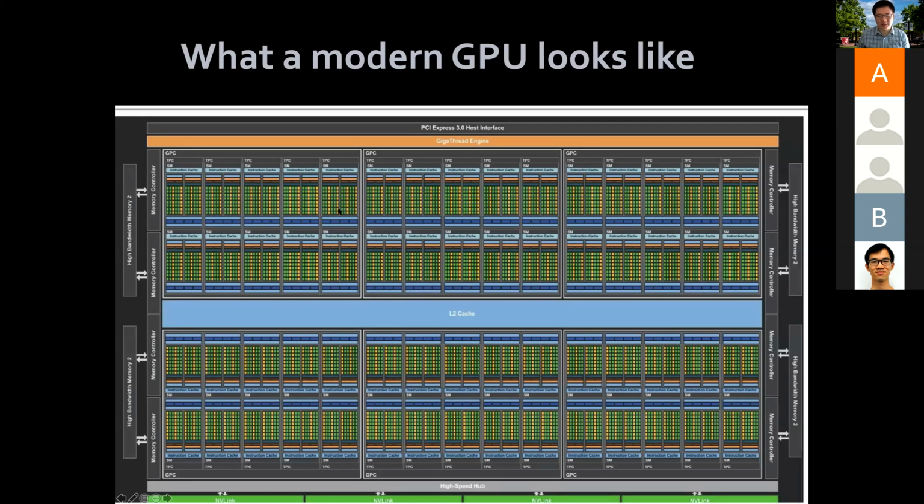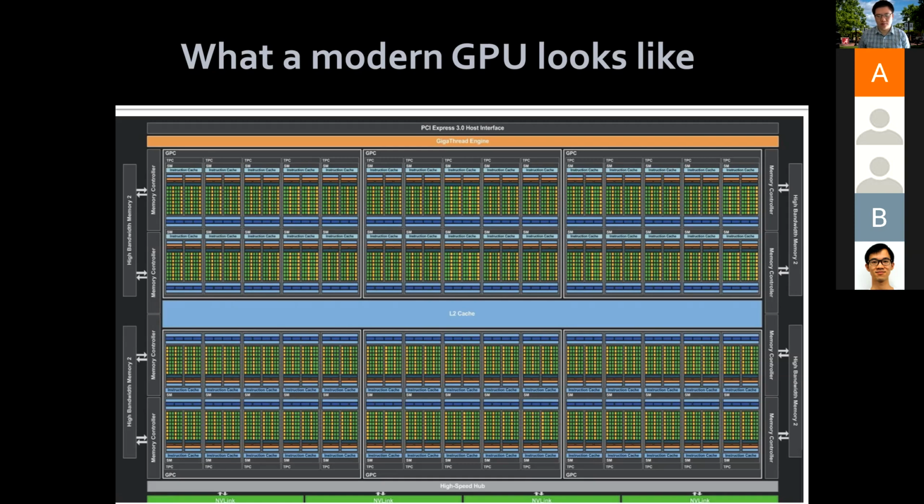For example, the V100 has 80 SMs. Each SM has multiple CUDA cores and a shared L1 cache, and all the streaming multiprocessors share the L2 cache. Later we will introduce that this L2 cache we usually call global memory, and the L1 cache within each streaming multiprocessor we call shared memory.